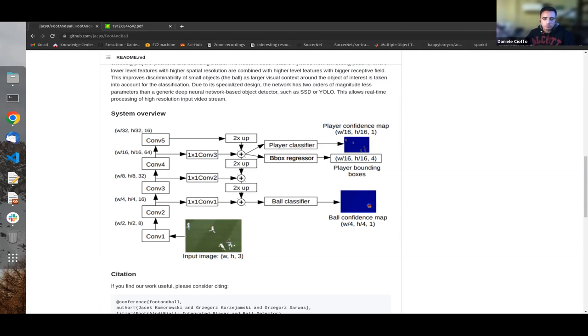Probably the point of the paper is more on the ball, okay? So it's a difficult task, and then they found out these new techniques, but I think this is the main reason.